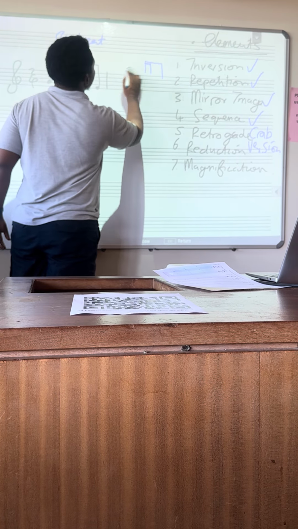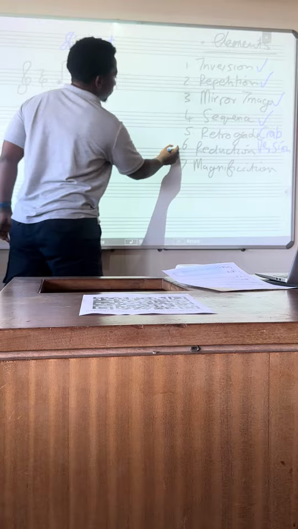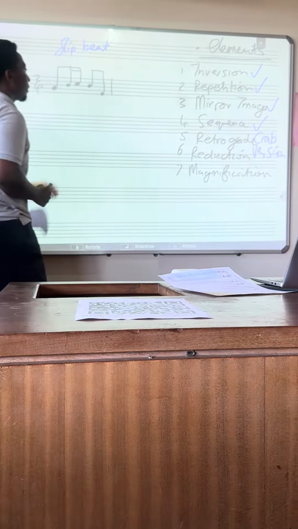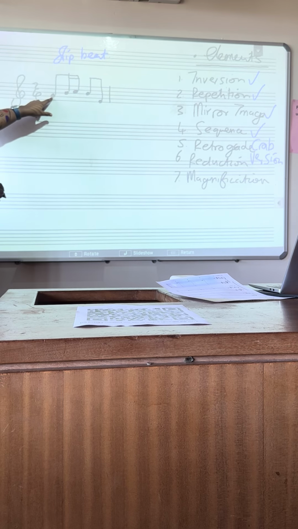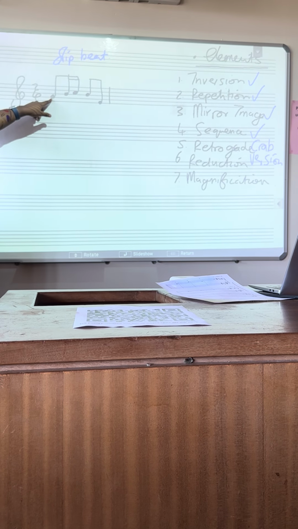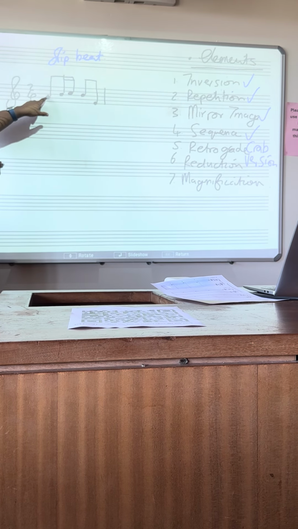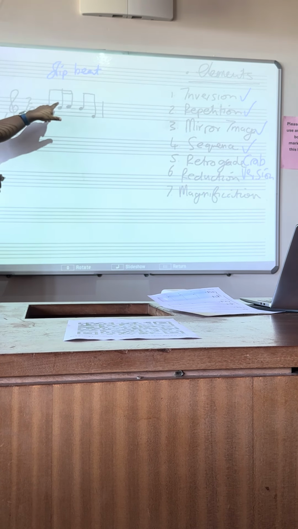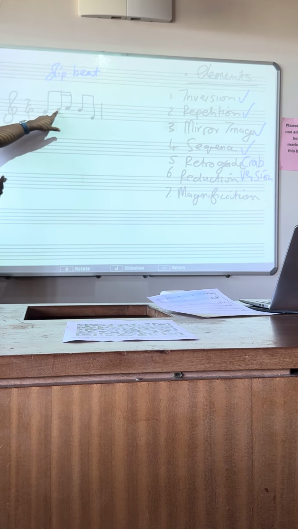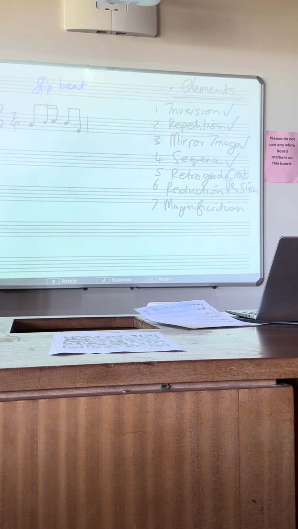Reduction. Reduction means you are halving everything that's original. How do I half a quaver? What does it become? Semiquaver. So every single note is halved when you're reducing. So this semiquaver to hemi-semiquaver. This is also a semiquaver.